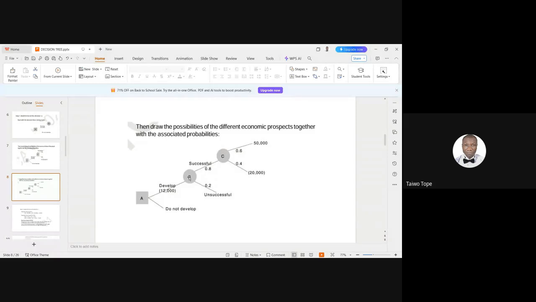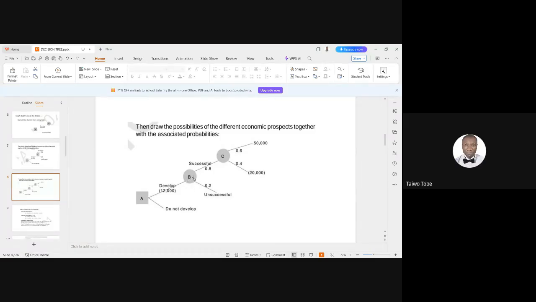It is 0.8 multiplied by the expected value of point C, 22,000, for successful. For unsuccessful, it is 0.2 multiplied by 0.